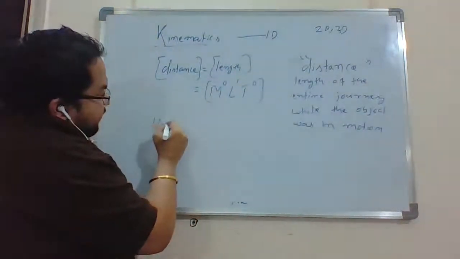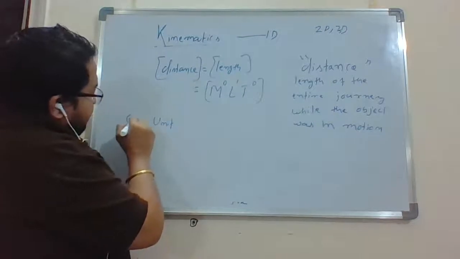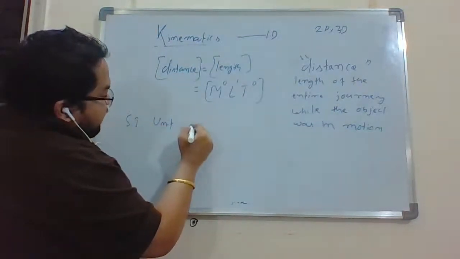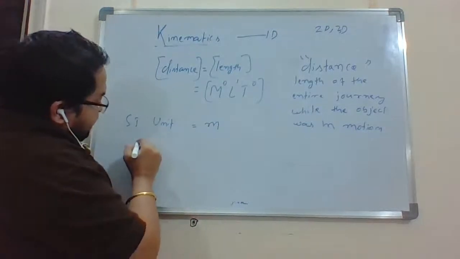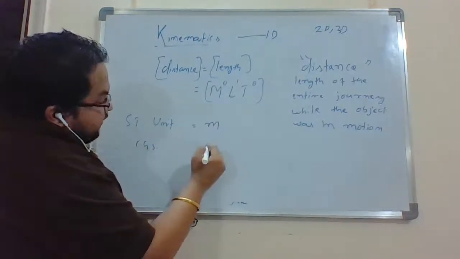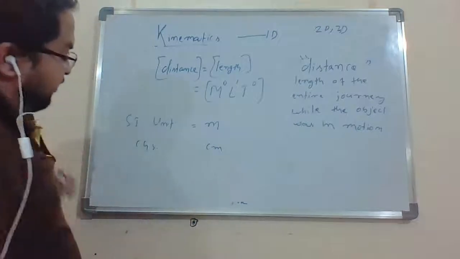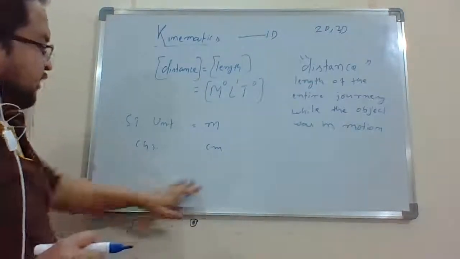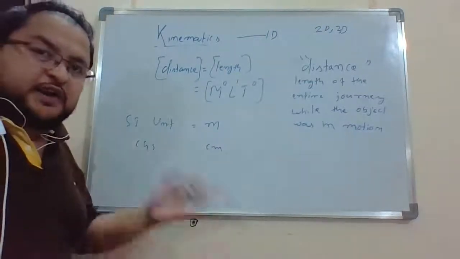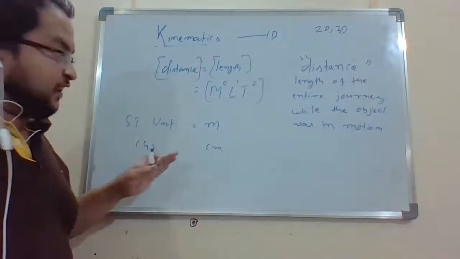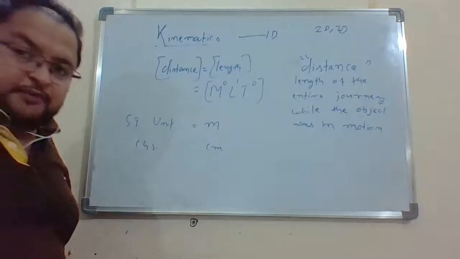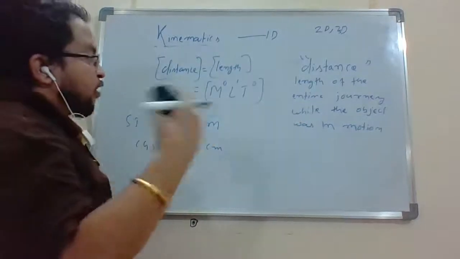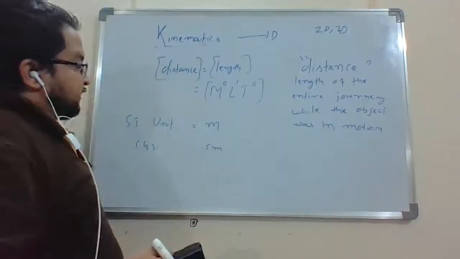And units, very simple: the SI unit is your meter, and your CGS unit is centimeter. I'm just giving two examples, and obviously there are many units of length or distance, so that you can keep reading from different places throughout the course of physics.